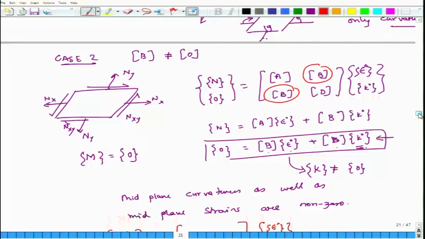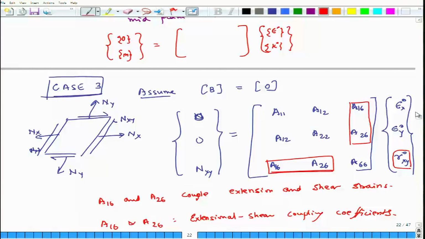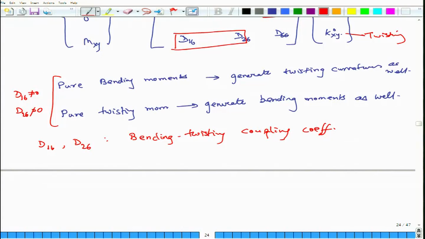Then we looked at the case when A16 and A26 are not 0, and in this case the extension and the shear strains get coupled. That is why A16 and A26 are known as extensional shear coupling coefficients. And the last case is when D16 and D26 are not 0, then the bending and twisting response of the plate get coupled. So, that is why they are known as bending twisting coupling coefficients.